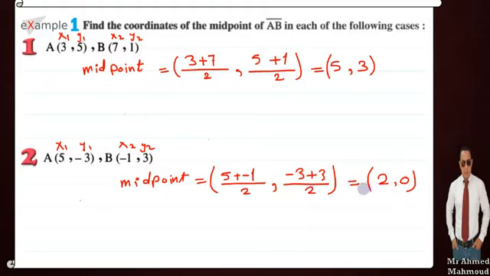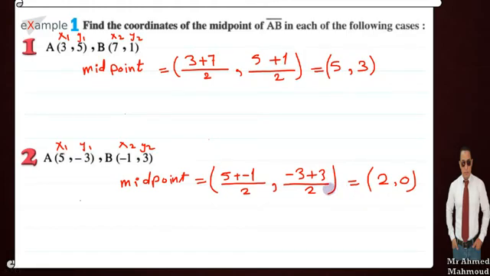Now what does it mean? If I draw A at (5, -3) and B at (-1, 3) and connect them as a line segment, we will find that the midpoint of this line segment is the point (2, 0). So this rule is very important to find the coordinates of the midpoint.